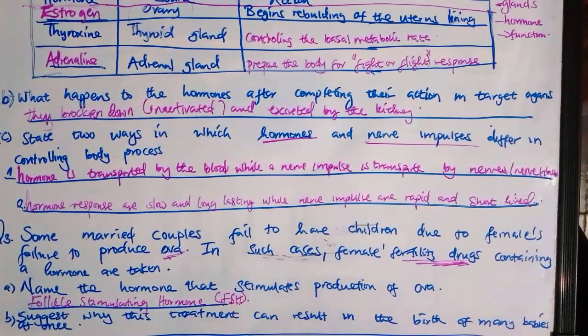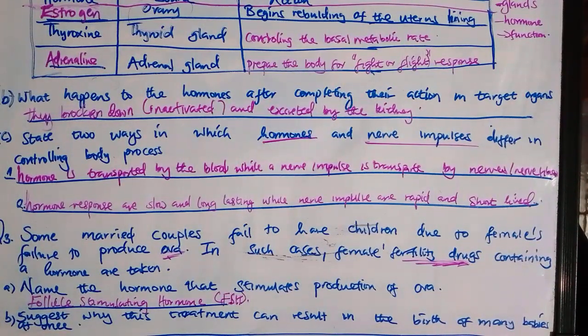So this is the hormone which is responsible for the production of the ova, those eggs. Yeah. Then suggest why this treatment can result in the birth of many babies at once.